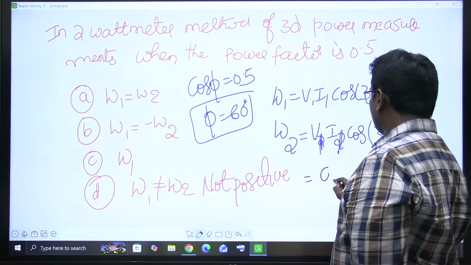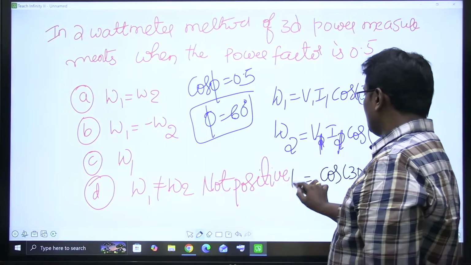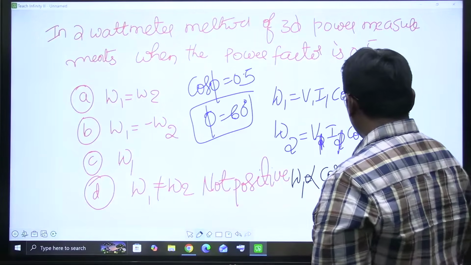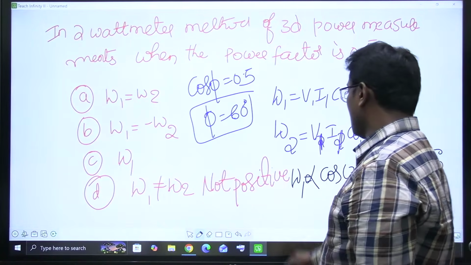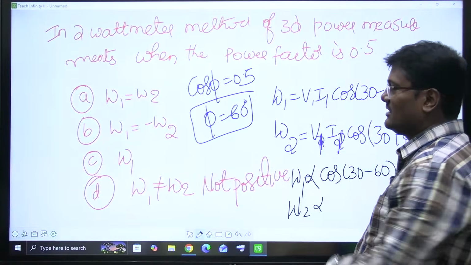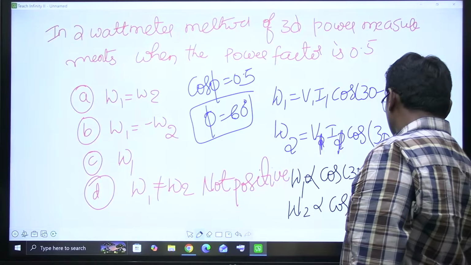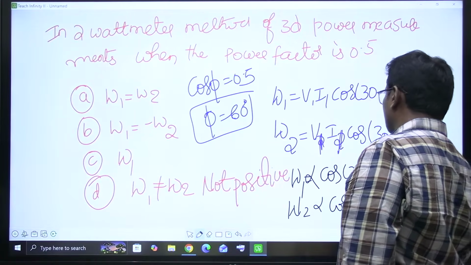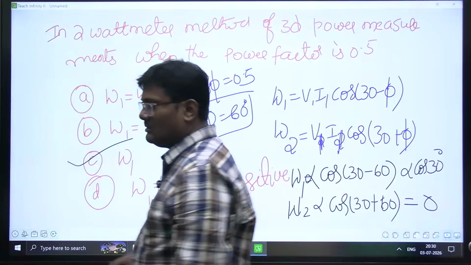Cos of 30 minus 60 for W1, which is directly proportional to cos 30. But for W2, directly proportional to V1 I1 cos of 30 plus 60, cos 90, whose value is 0. Yes, W1 is the correct answer.